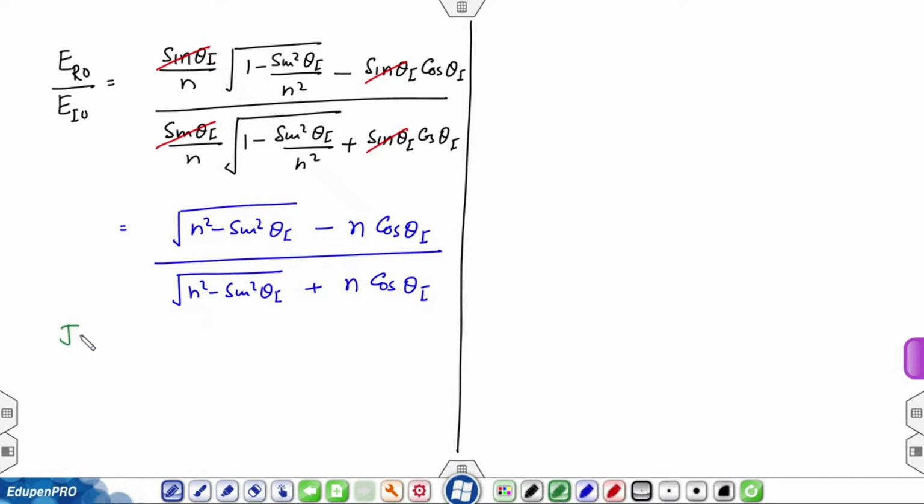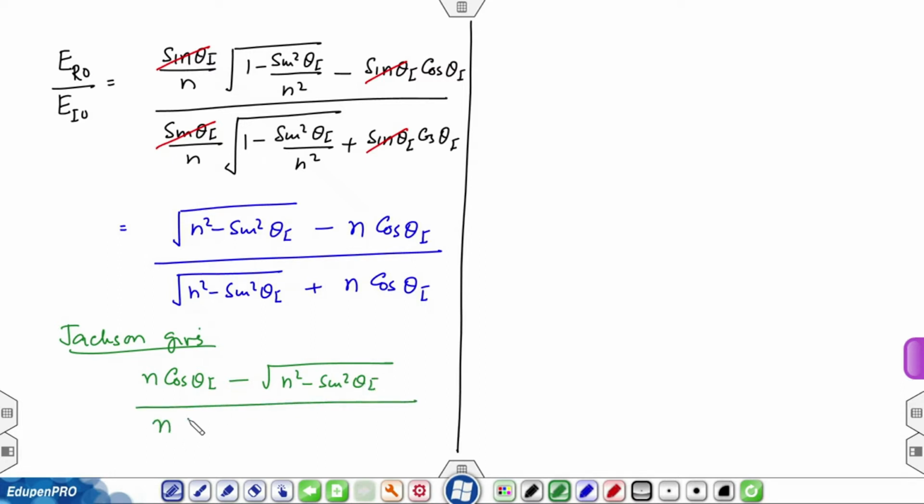Jackson gives n cosine of theta I minus square root of n square minus sine square theta I divided by everything with plus n cosine theta I plus square root of n square minus sine square theta I. So, that sign differs because we have taken the direction of electromagnetic field to be different.